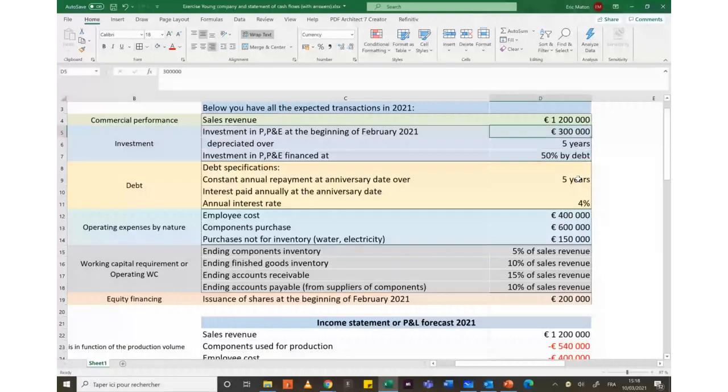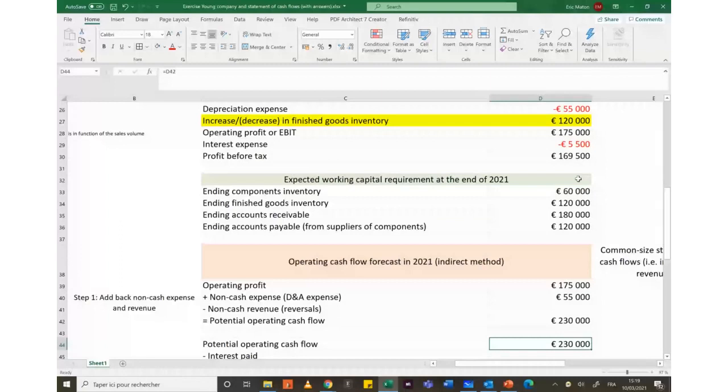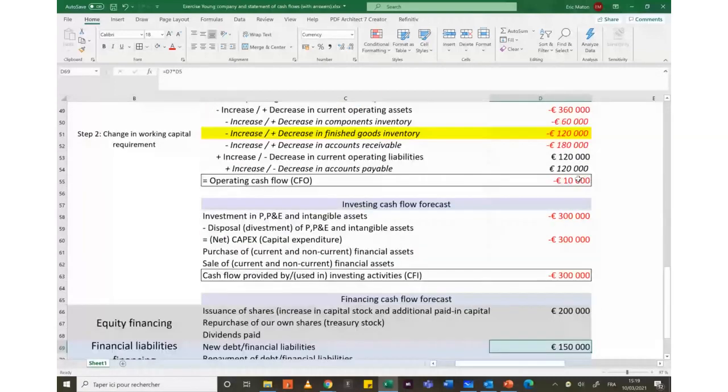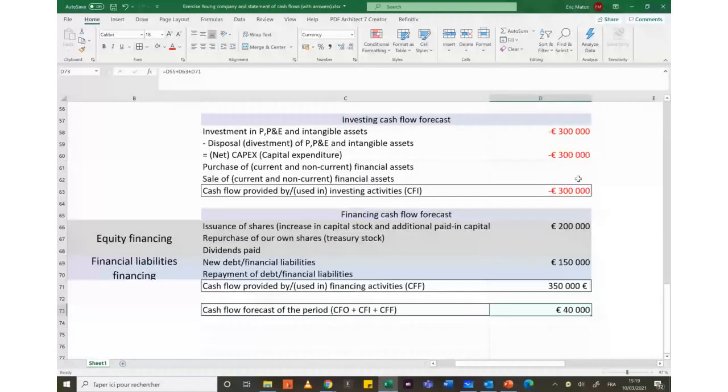So the opening cash is 50,000. Thanks to all the financing, we increase the cash to 40,000. So it means we started with 50,000, so we decrease the cash by 10,000 because here we have 40,000 at the end of the period. So we included everything in the 40,000. So it means we start from 0 and we finish with 40,000.